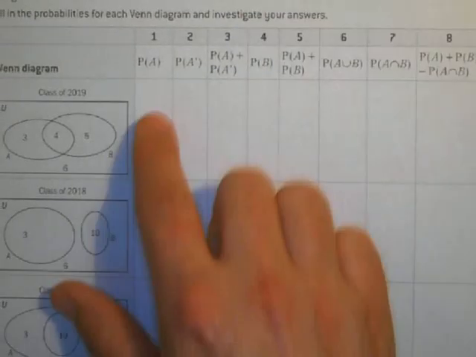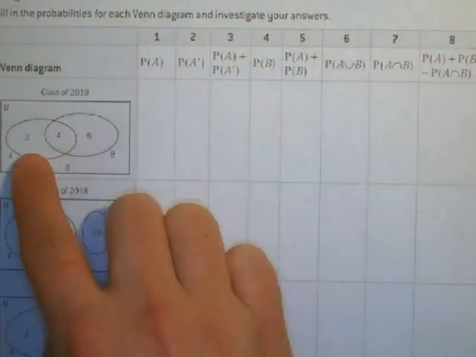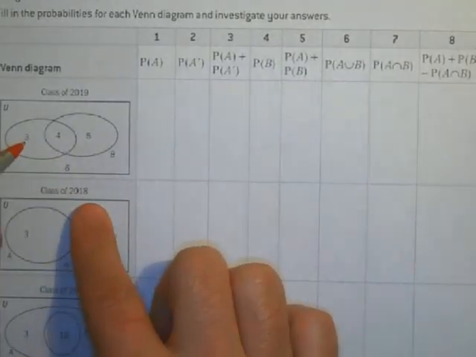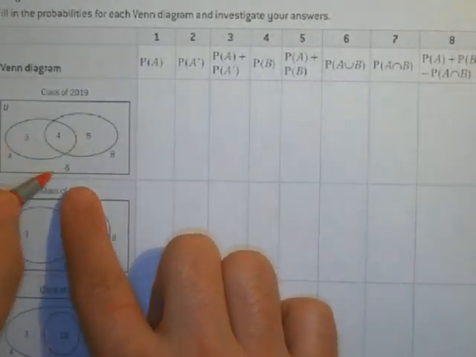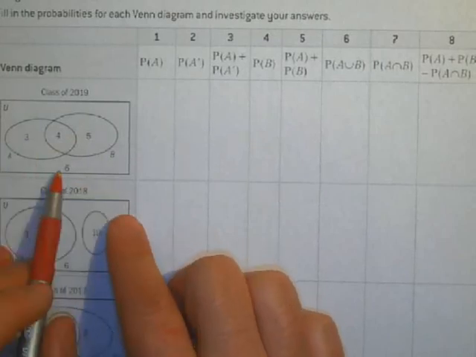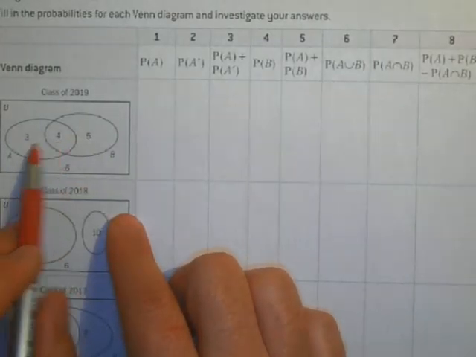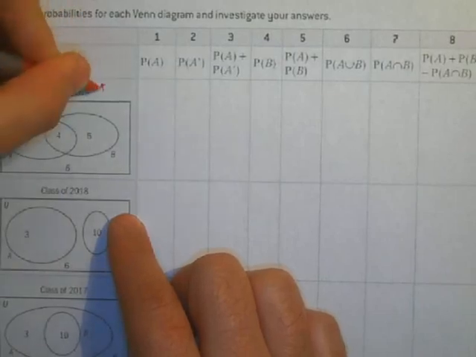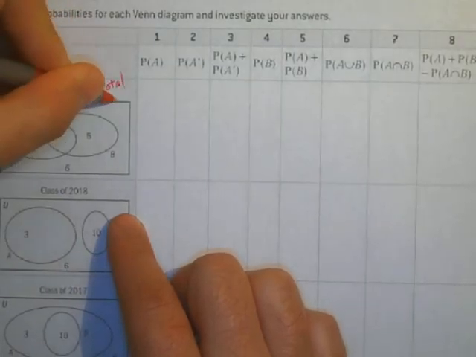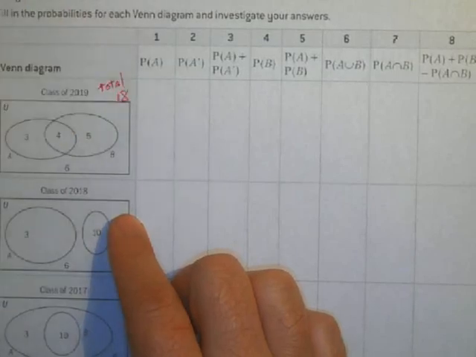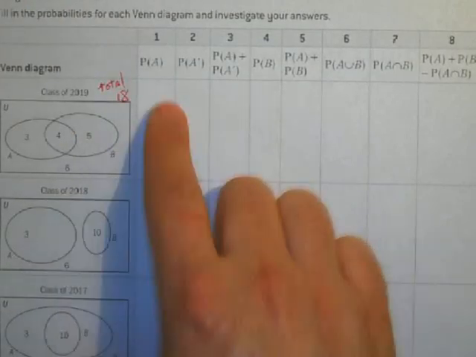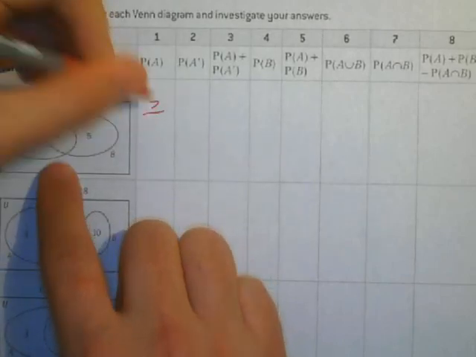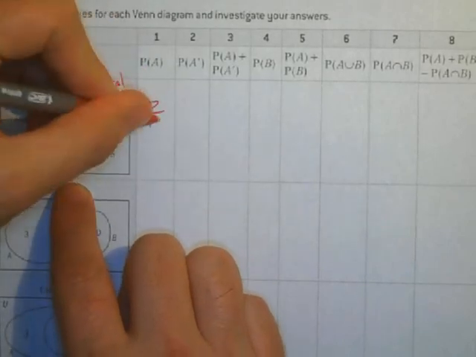Probability that you're in A is, let's find out our denominator. We have 3 plus 4 plus 5 plus 6, right? 6 and 4 is 10, and 3 and 5 is 8, so our total is 18. So the probability in circle A is 3 plus 4, which is 7, over our total, which is 18.